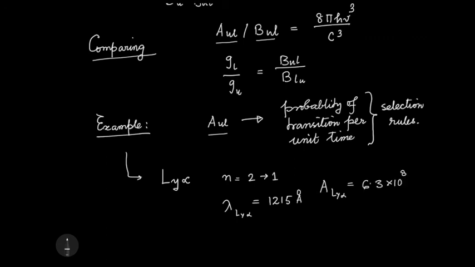And it comes out to be for Lyman alpha 6.3 into 10 to the 8 per second. So it essentially means that if you have one atom, it can go through this transition 6.3 into 10 to the 8 times in every second. So this is a highly probable transition.